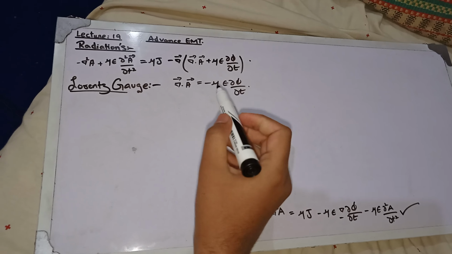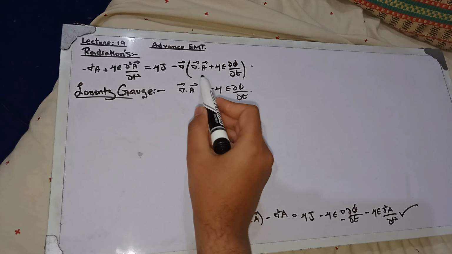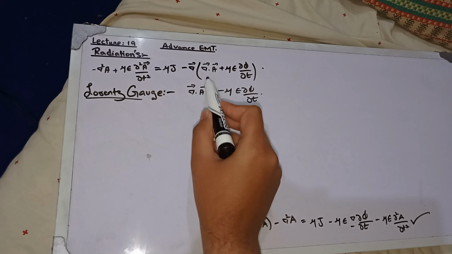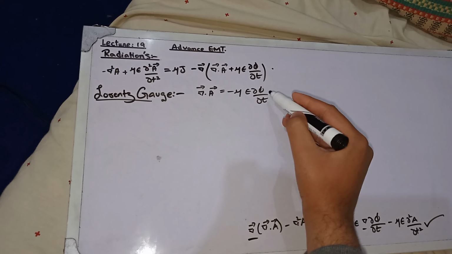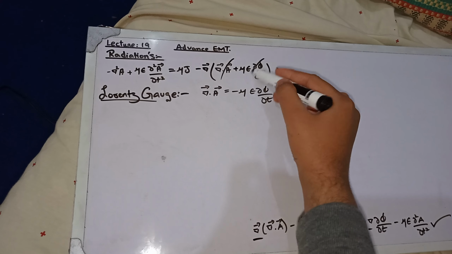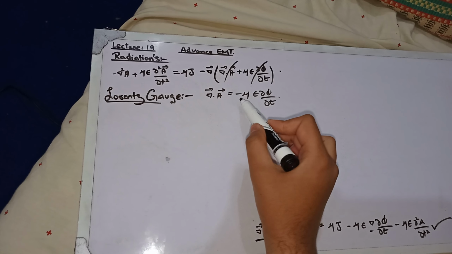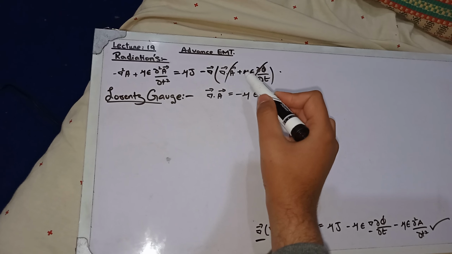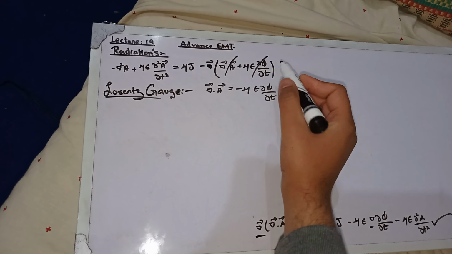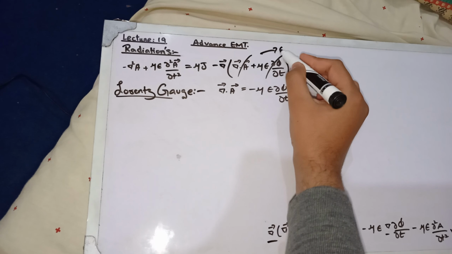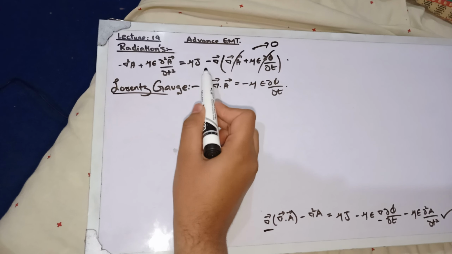Okay, so this tells us about del dot A. So if del dot A is this, and I put the value of del dot A here, you can see this is similar to this, so basically this cancels with this, because the value is the negative of the same factor. Minus mu epsilon partial psi by partial t, and here is plus mu epsilon partial psi by partial t, so both cancel, so this term goes to 0, so del dot 0 becomes 0, and you are only left with these terms equal to mu J.